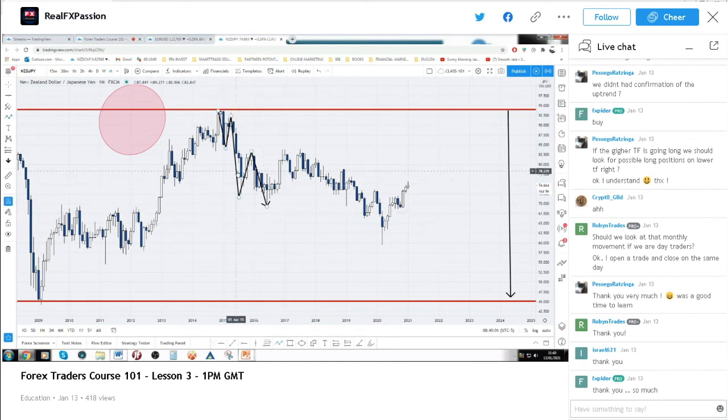I can see a downtrend here. Everybody, do we agree that we have a downtrend? And what else? I can spot that for some time it was sideways. The market was in consolidation, from the monthly chart first.